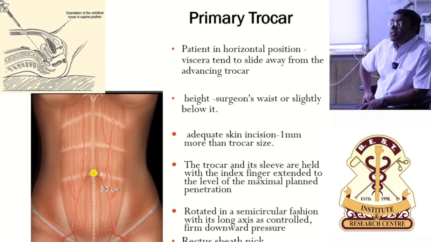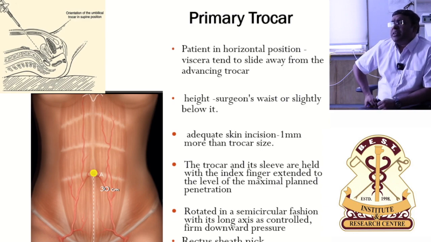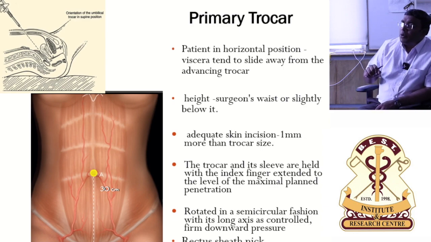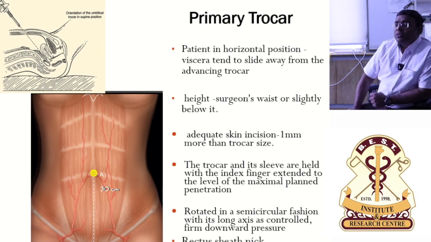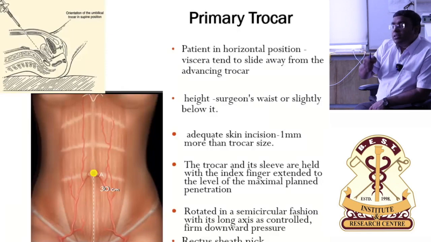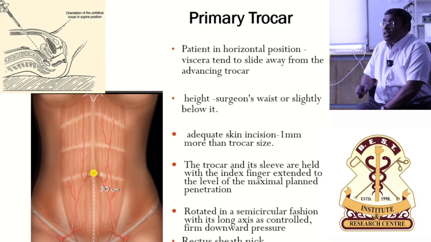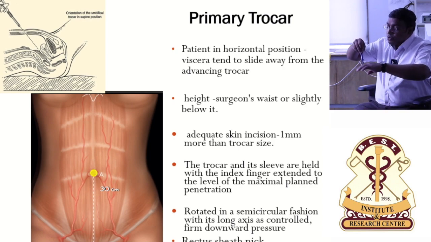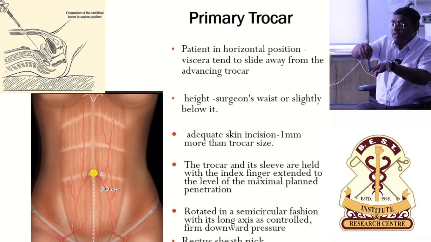Sometimes in some patients the rectus sheath is extremely tough. You are putting a good amount of pressure, and in spite of that, your trocar is not entering. In those situations, what you can do is deliberately give a nick on the rectus sheath using a scalpel. Make sure that wherever you give the nick, the trocar goes into that nick only. Suppose I have given a nick here, the trocar should go here.